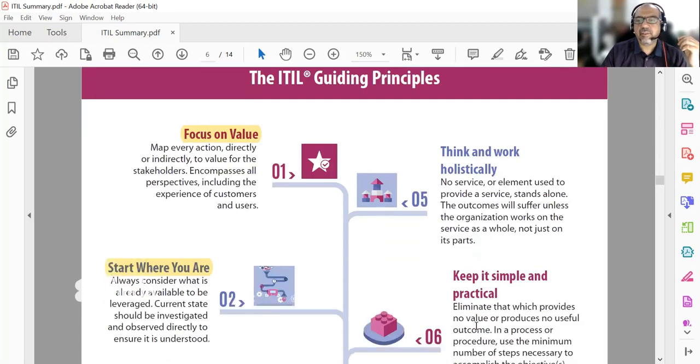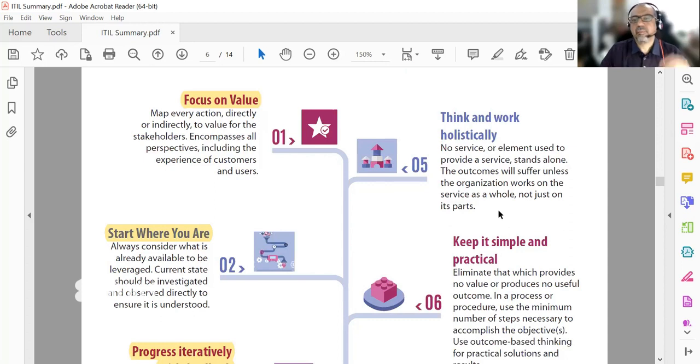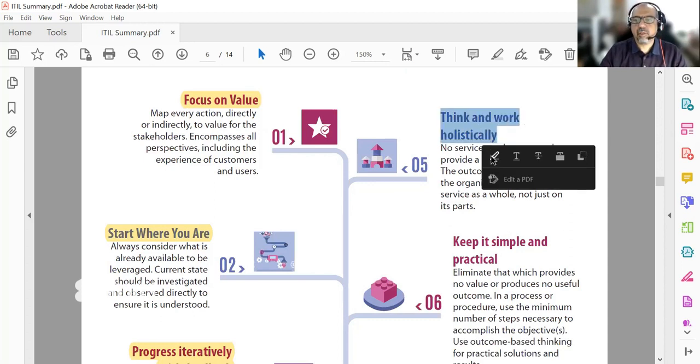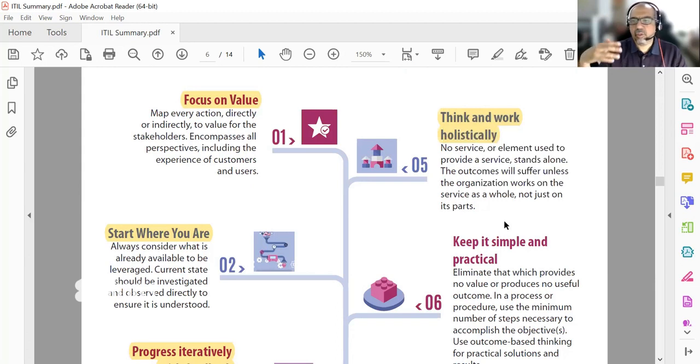Fifth one, think and work holistically. And as we know, no service, no department, no team can stand alone. We need to think about the organization as a whole, even with our partners and suppliers.